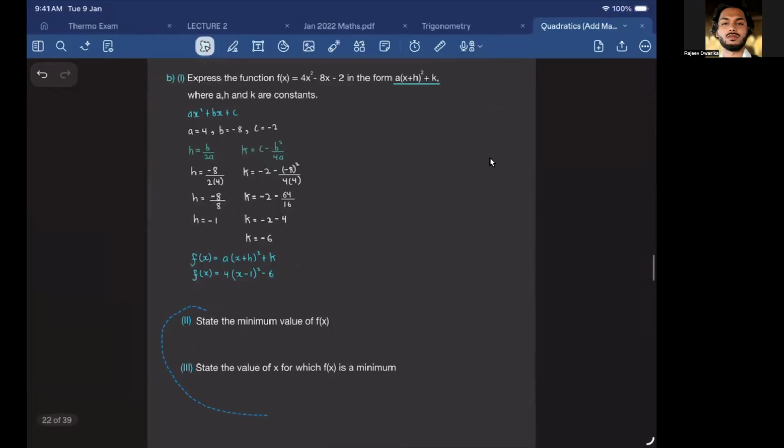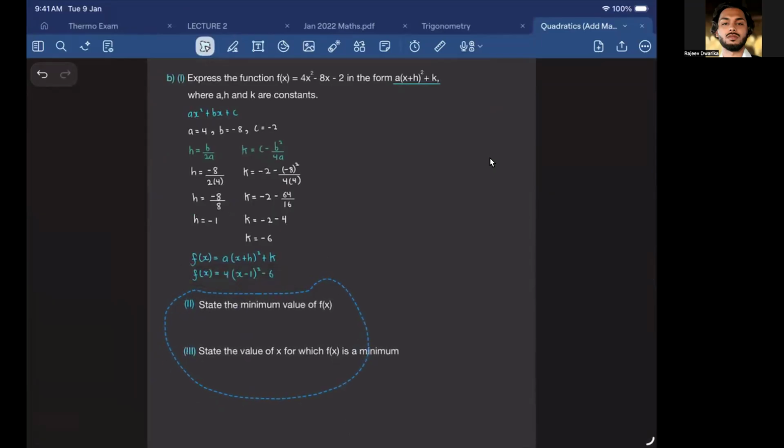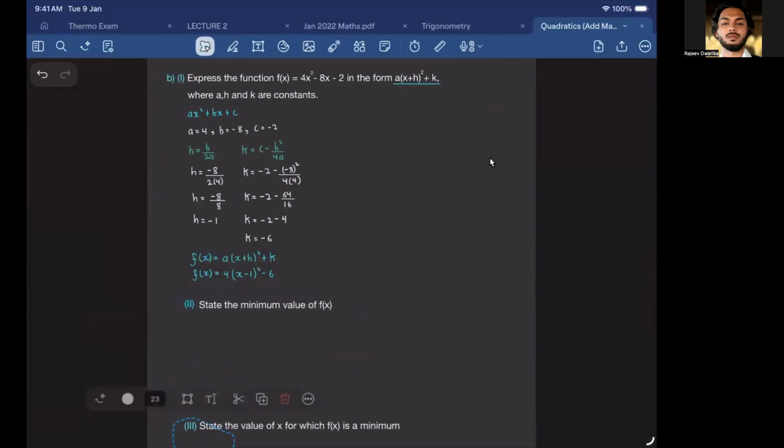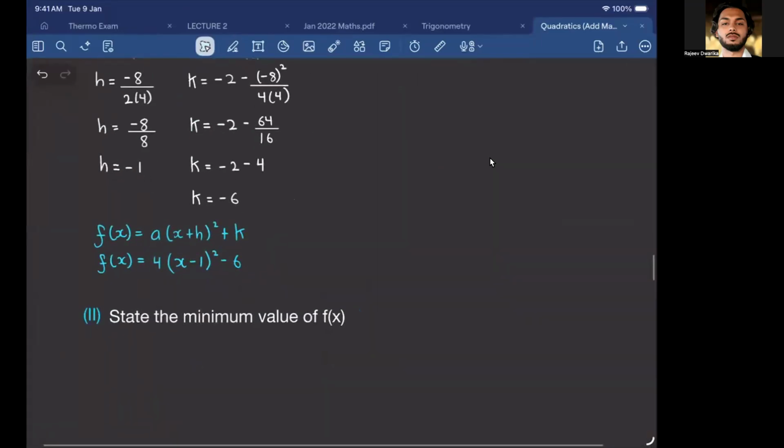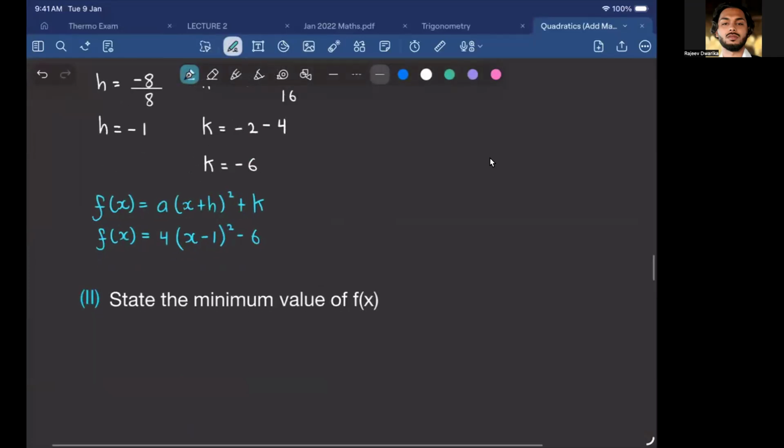Nice. Now, part 2. State the minimum value of f(x). The minimum or maximum value is always given by k.